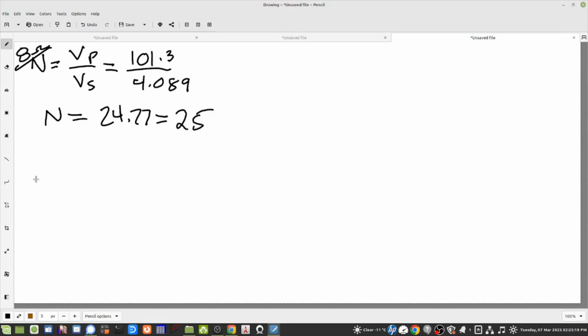Now, if you recall from our impedance formula, we take our turns ratio n, so the Z of the primary over the Z of the secondary, that's the primary impedance over the secondary impedance, equals 25 squared.